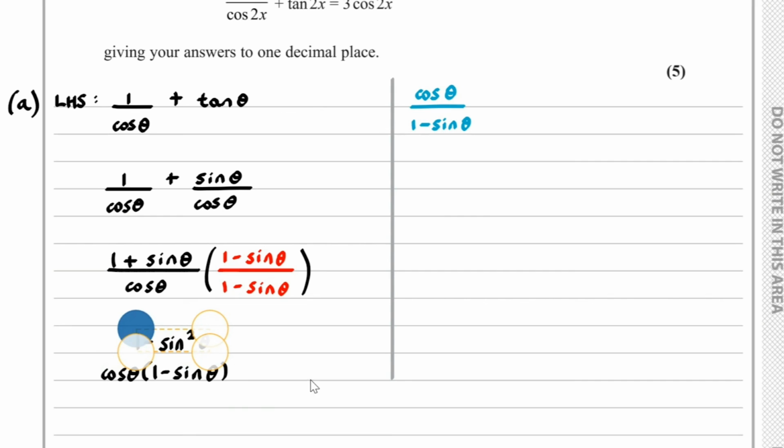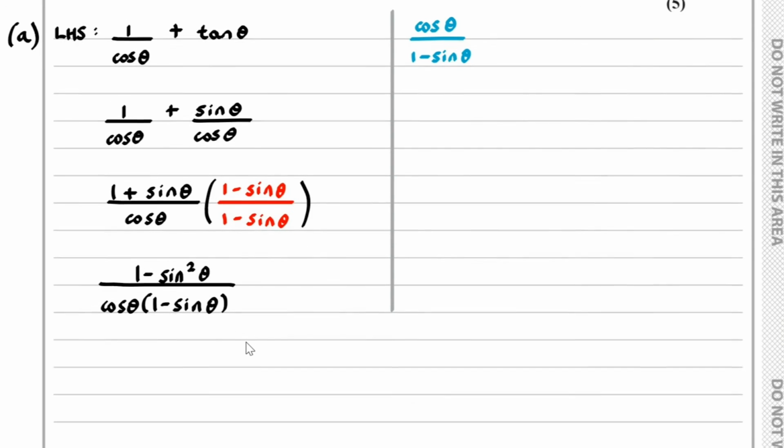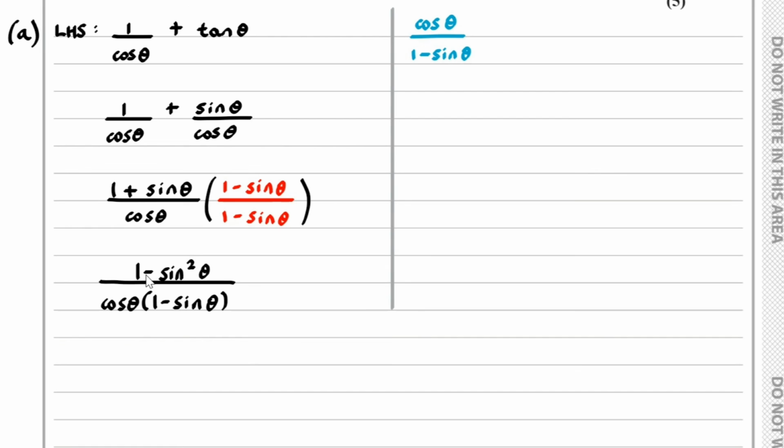And at this point, we can recognize that 1 minus sin squared is cos squared. So we have cos squared theta divided by cos theta multiplied by 1 minus sin theta.